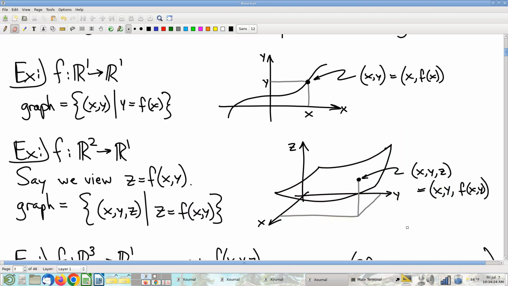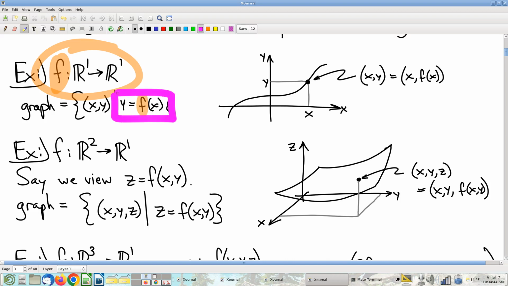Okay. Now here's another way to think about this, by the way. If we think of this as starting with a function, with a domain and a target, and I've got this thing called f, another way to think about forming the graph is that I'm making an equation where I effectively just give a name to the output variable.